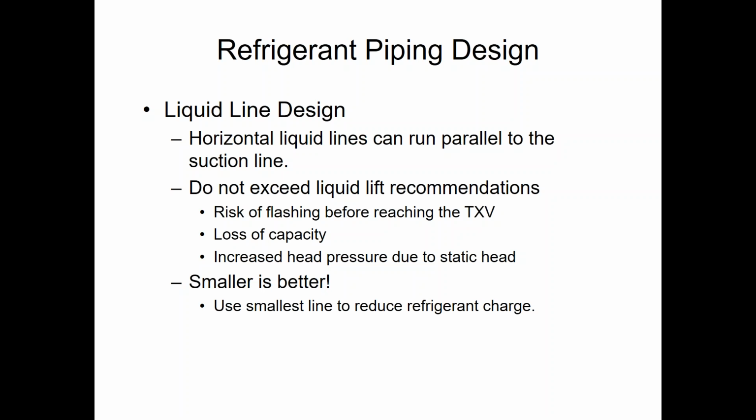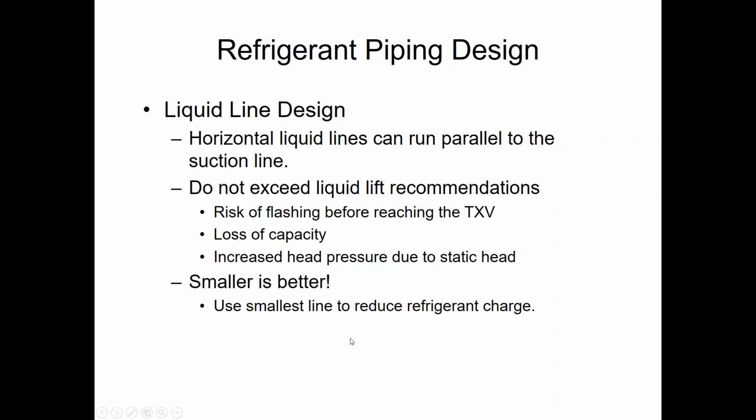So always look for liquid lifts and see if there are any vertical separation limits if the evaporator is below. So with liquid line design, we always want to be careful with liquid lifts, see what your limit is.